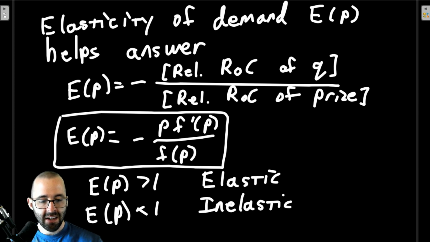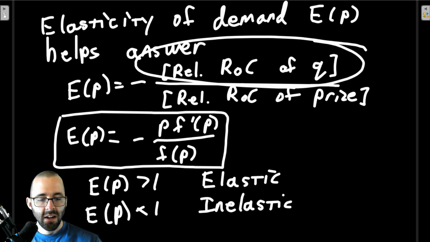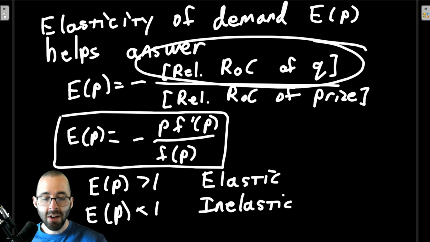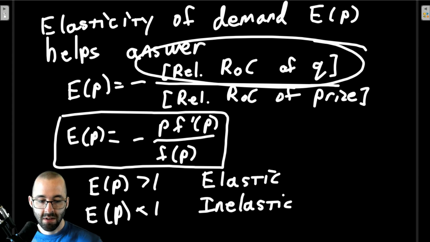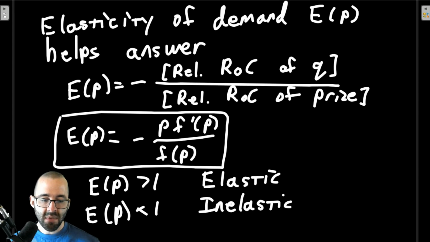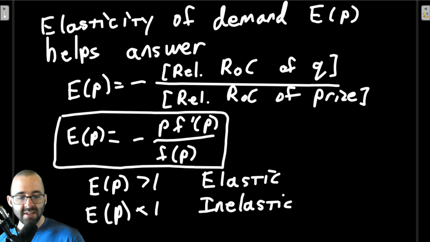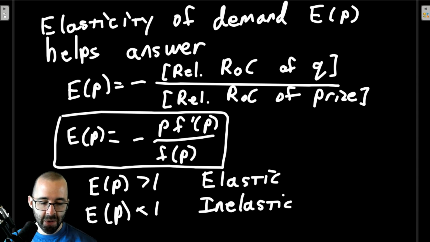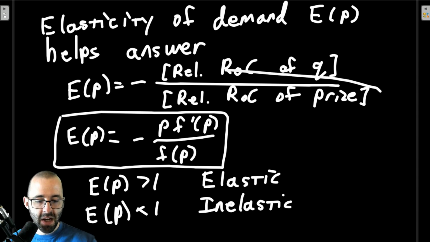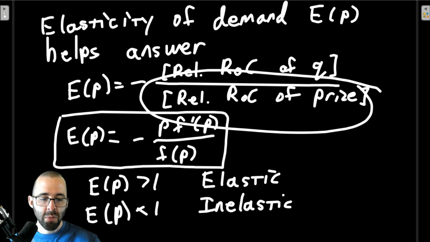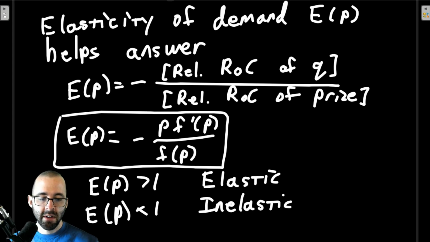If it's elastic, that means the quantity we can sell is going to change a lot more than the price. We'll talk about what that means. If it's inelastic, that means the bottom is bigger, or the price is going to change a lot more than the quantity we sell.